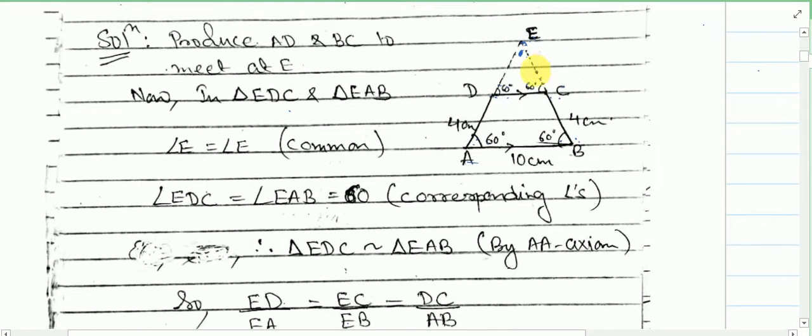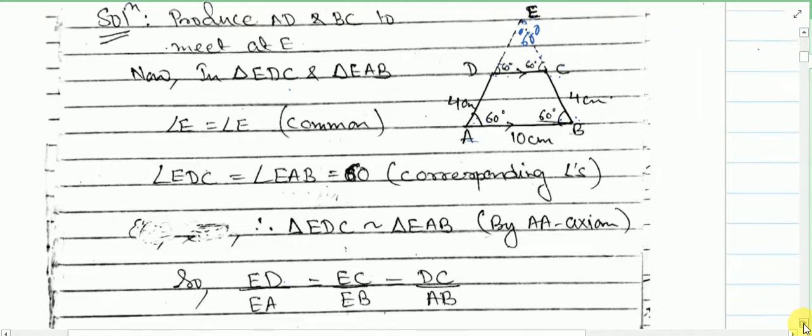And one more thing, that this will be 60 degree. Therefore, here you can see that ED upon EA is equal to DC upon AB. So I can write ED upon EA equal to DC upon AB, but the smaller triangle EDC is an equilateral triangle. So that means EA is equal to AB.